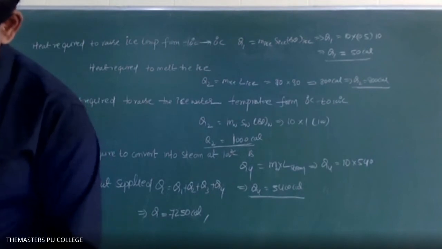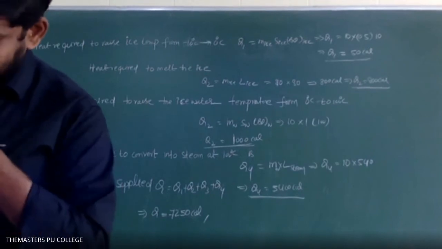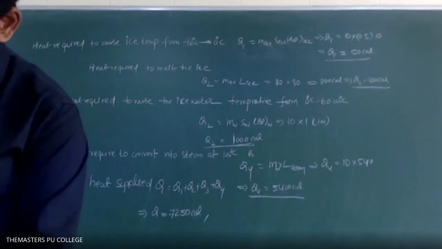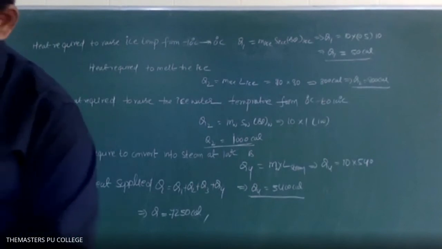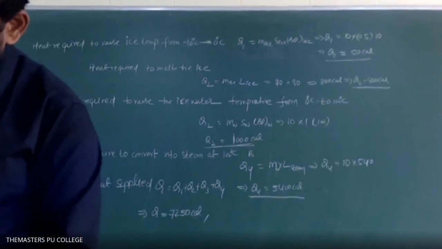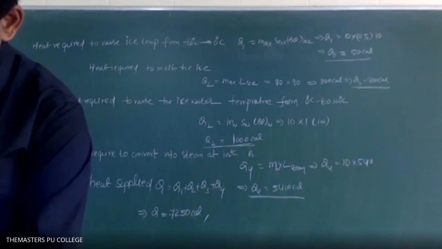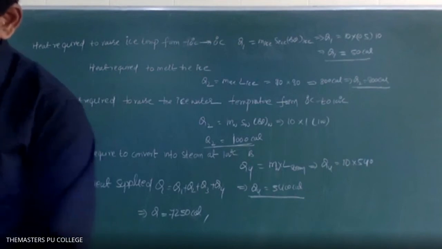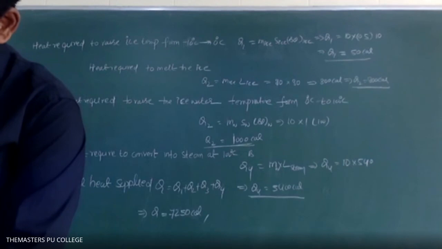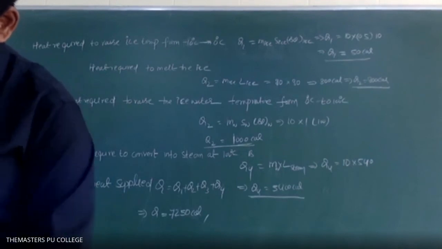What have they given? A piece of ice, they have given the specific heat of ice and latent heat of ice in SI system. The mass is m grams at minus 5 degrees centigrade at atmospheric pressure. It is given 4200 joules of heat so that the ice starts melting.